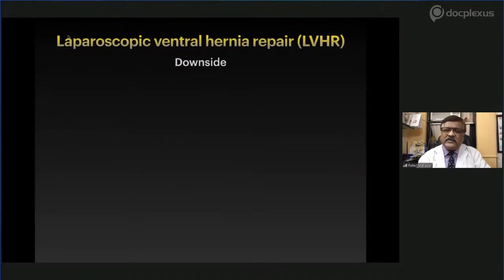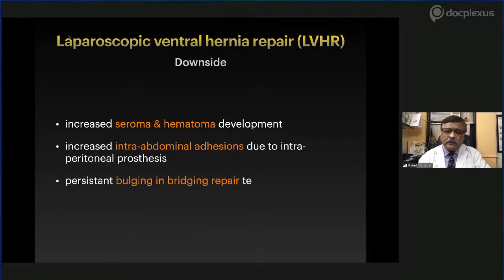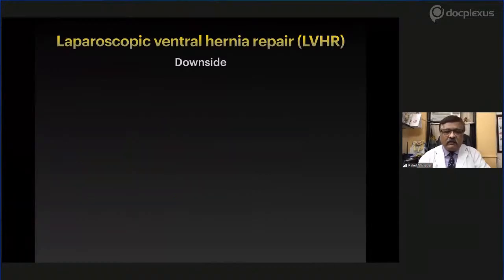And the basic downside for this particular surgery is the increased seroma and hematoma development, increased intra-abdominal adhesions due to intraperitoneal prosthesis, the persistent bulging in bridging repair techniques, not in IPOM plus, and requiring covered mesh, which is expensive for a country like India.